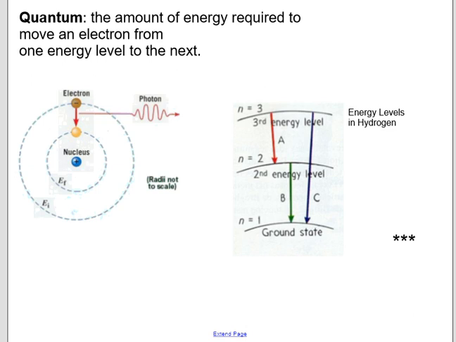Suppose I have an electron floating around my nucleus in the 1st ring, and I want to kick it up an energy level. Imagine that you're holding a pencil in your hand, and your other hand is hovering above it, and you want to catch the pencil in your bottom hand with your top hand. You have to put energy to throw the pencil up so that your top hand can catch it.